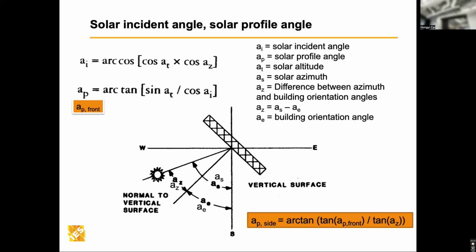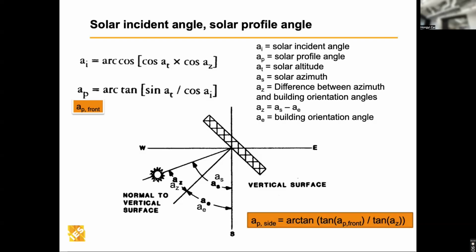The front profile angle is arctangent of sine alpha T, where alpha T is the solar altitude angle, divided by cosine alpha I. That's your solar incident. If you have your solar incident angle calculated and you know your solar altitude angle, then you should be able to calculate the front profile. And this one is related to the building orientation because the building orientation has already been counted in your alpha Z calculation.